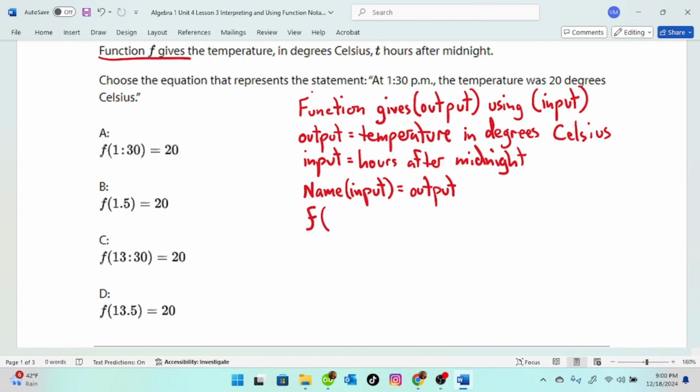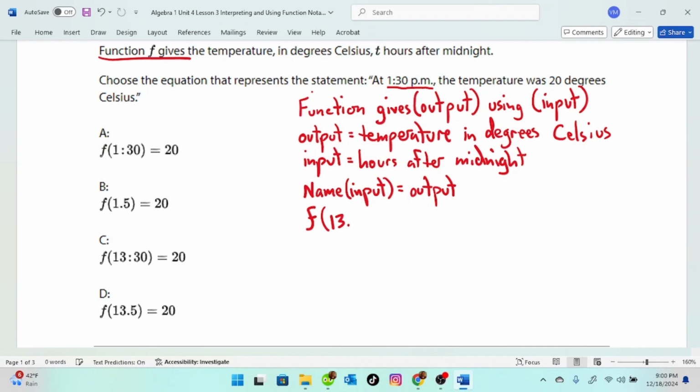We know that the input is hours after midnight. So if we're talking about 1:30 p.m., that is 1:30 in the afternoon. So that is 13 and a half hours after midnight.